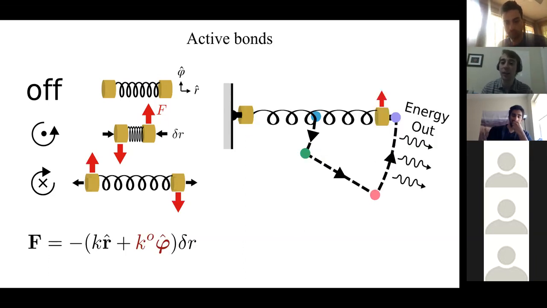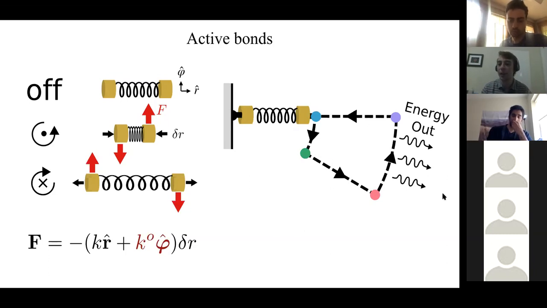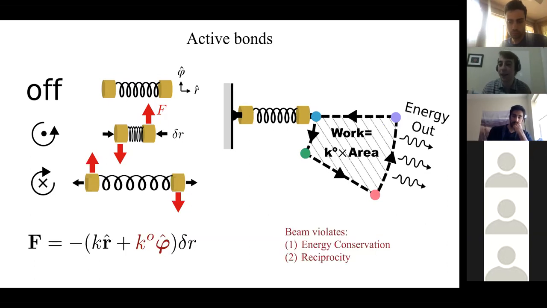And when I go along that transverse force, work is done. And then I return to my initial configuration. And we notice that this work that went out has no compensating energy going in elsewhere. And so we find that microscopically, the work is equal to K0 times the area. And this works because the bond violates energy conservation.